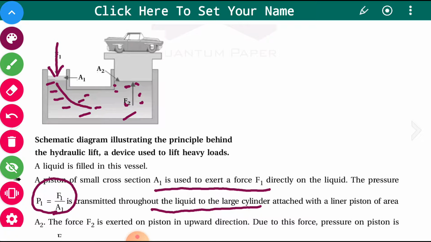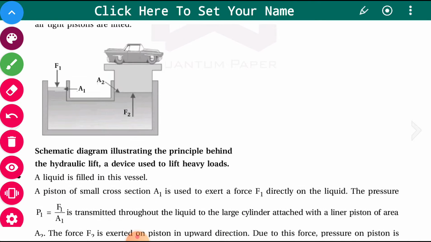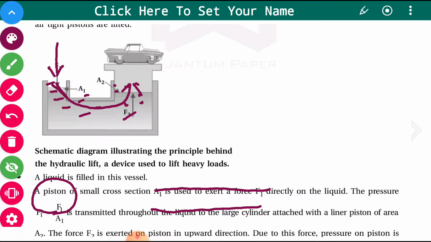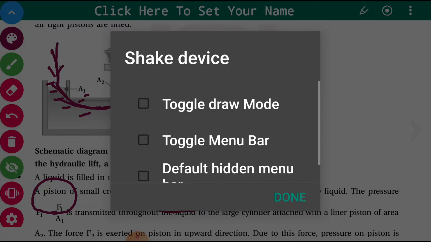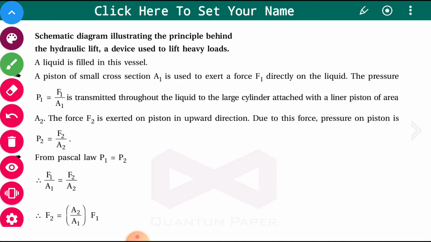So the force F2 is exerted in the upward direction. F1 is applied by us externally, and F2 is the force transmitted to the second cross section.